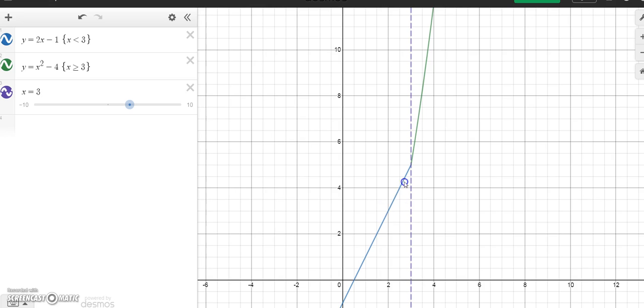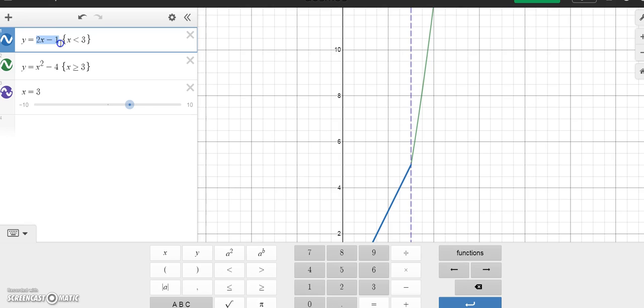of this piecewise function as x approaches 3 from the left, you could just plug that into the function on the left, and that's going to give you 5. You could plug 3 into that because that's the function on the left, so to the left of 3.